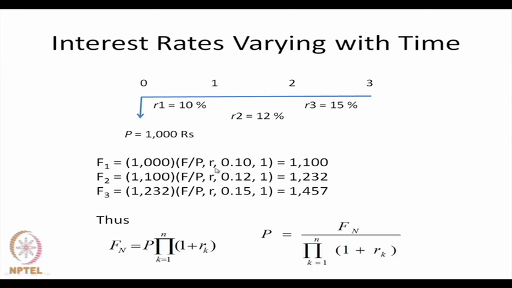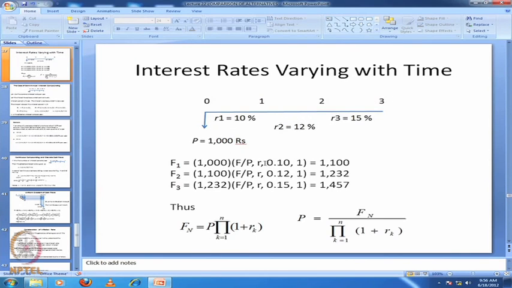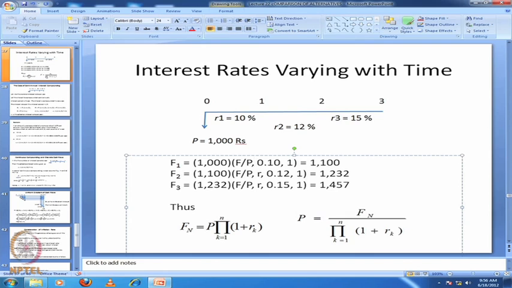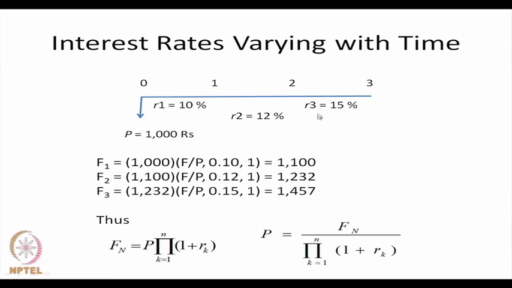There is one mistake, there is no need to write R here, because already we have given the value of R. So R1 is 10% and this value can be obtained from the interest table.